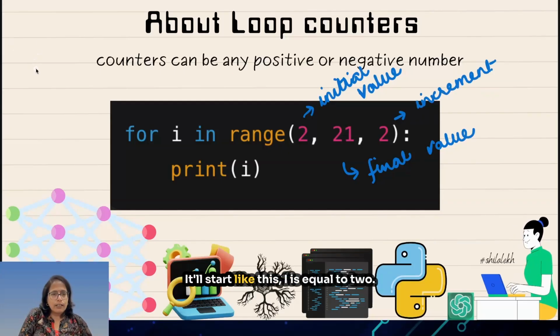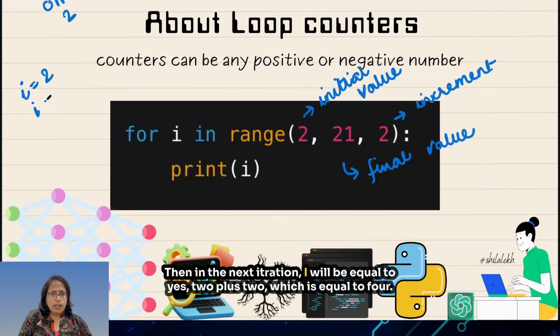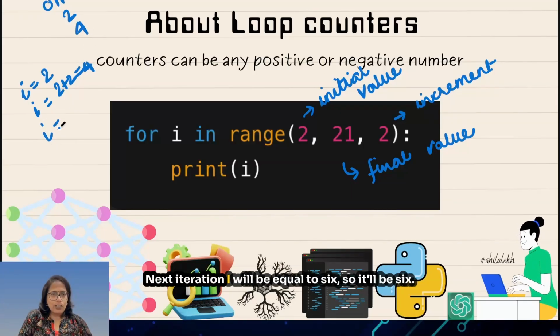It will start like this. I is equal to 2. So print I, it will print 2. Then in the next iteration I will be equal to 2 plus 2, which is equal to 4. So it will print 4. Next iteration I will be equal to 6. So it will print 6.